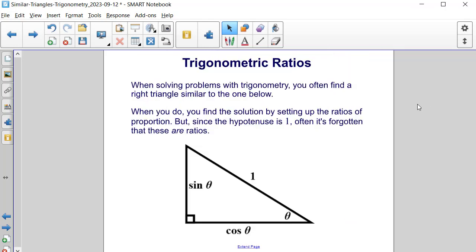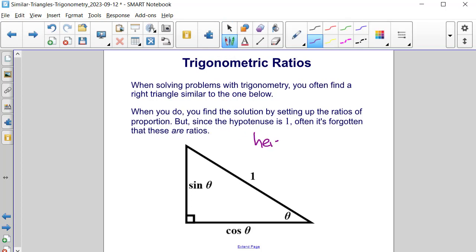When solving problems with trigonometry, you often find a right triangle that is similar to the one below. We have the sine of theta corresponding to the vertical distance and the cosine of theta corresponding to the horizontal distance. And when doing so, you find the solution by setting up the ratios of a proportion. So we have height over distance, that's one ratio, is equal to the ratio in this triangle, sine of theta over the cosine of theta.